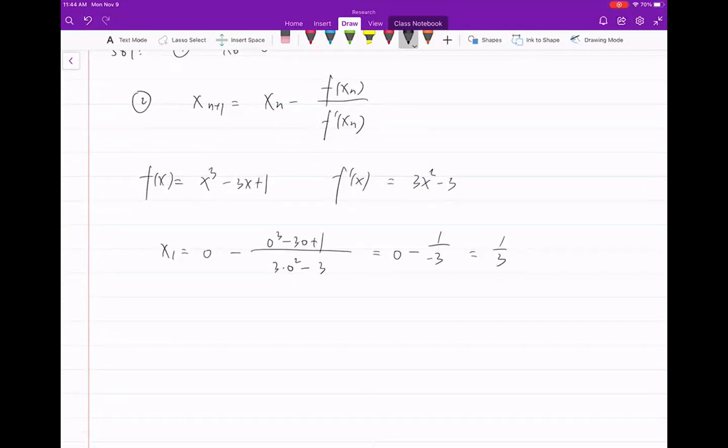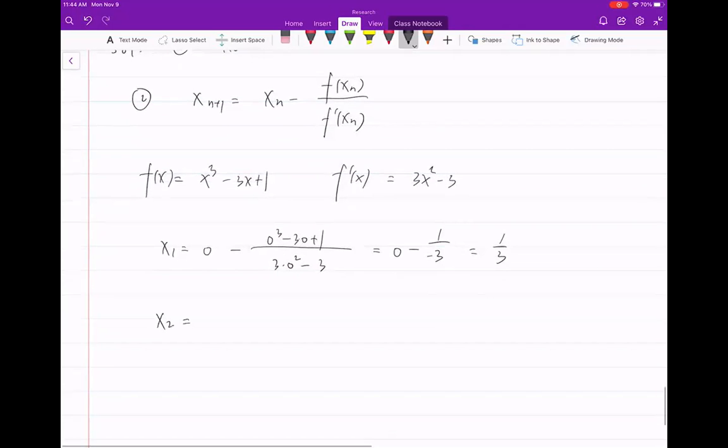Sounds good? Can I do the second? Same formula, but instead of putting in 0, you should put in 1/3 now because you're putting in x1. Okay.